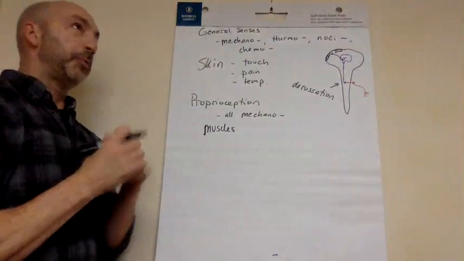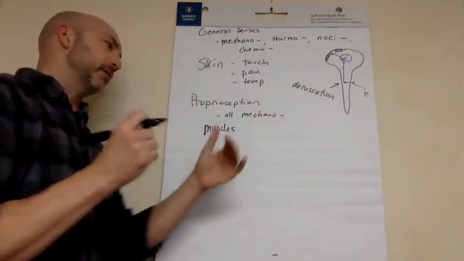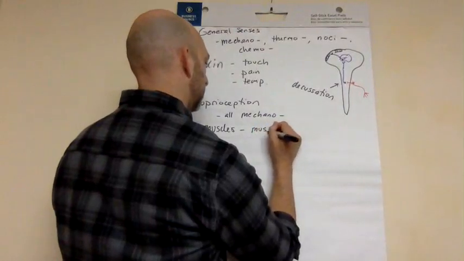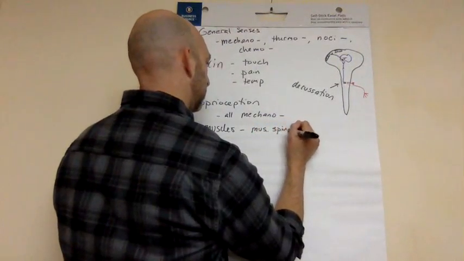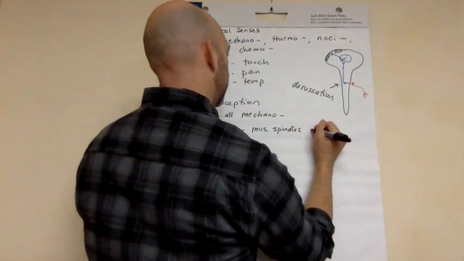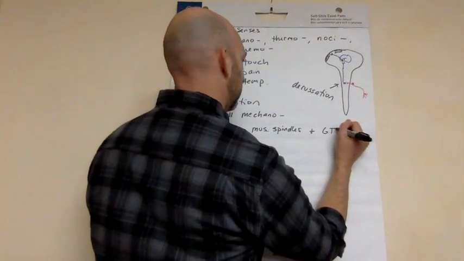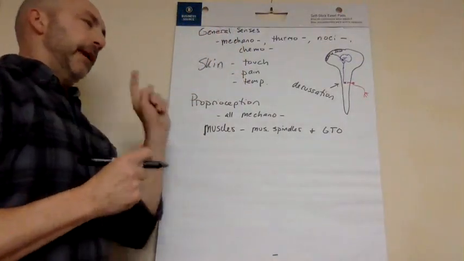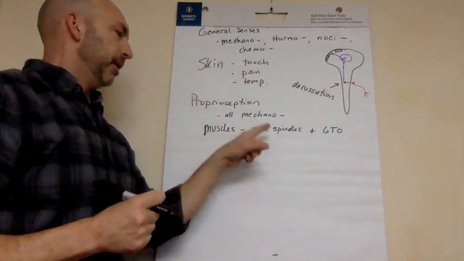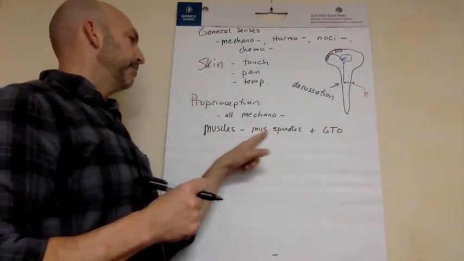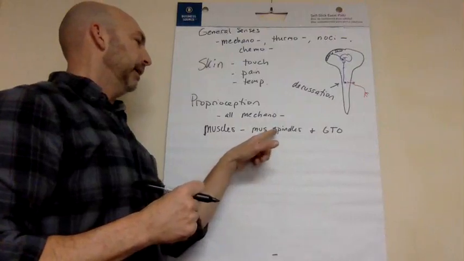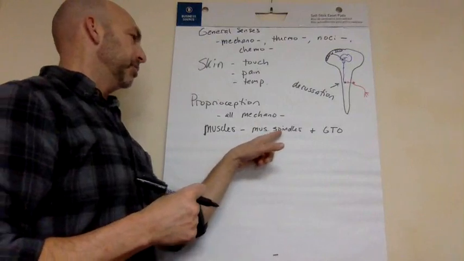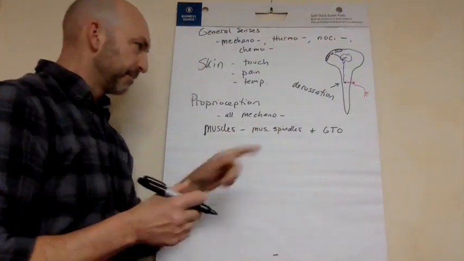So in proprioception, receptors within muscles include the muscle spindles and the GTO, the Golgi tendon organ. If you recall, we did these previously when we were talking about a separate topic with the nervous system, again, because they're giving sensory information from the skeletal muscles.